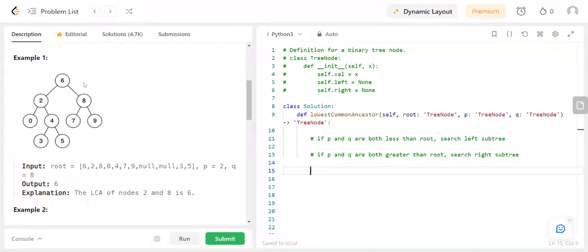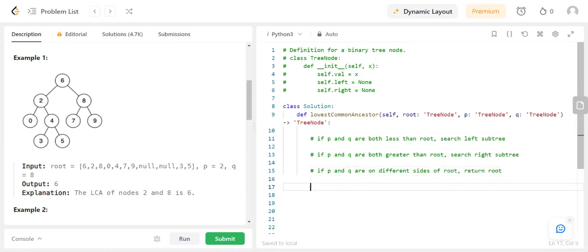Okay, and then when do we know when to return the lowest common ancestor, or when to return root? If P and Q are on different sides of root, then return root.